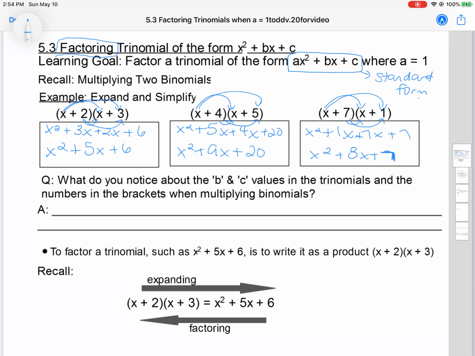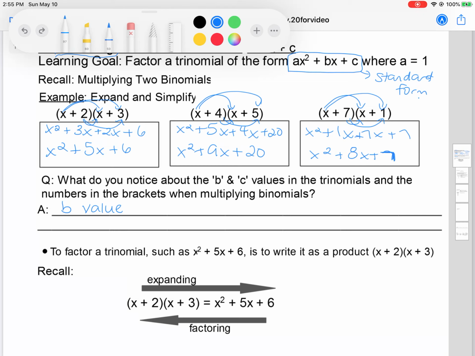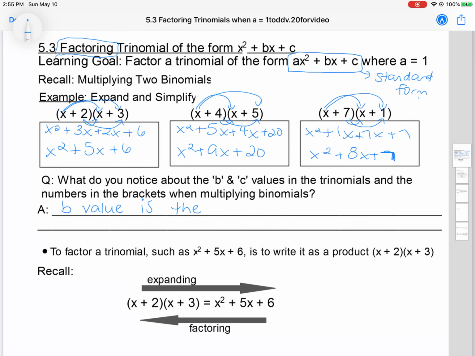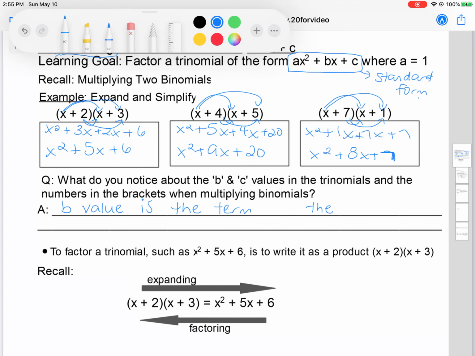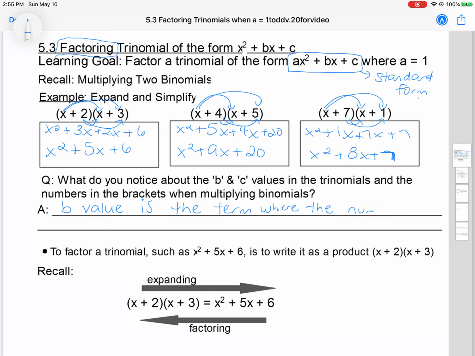So when we factor, if you look at the b and c values, so the b value are the number terms where the numbers are added.